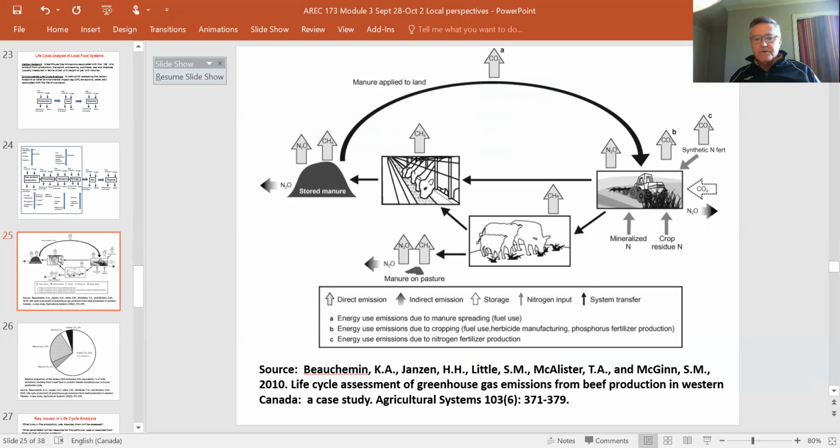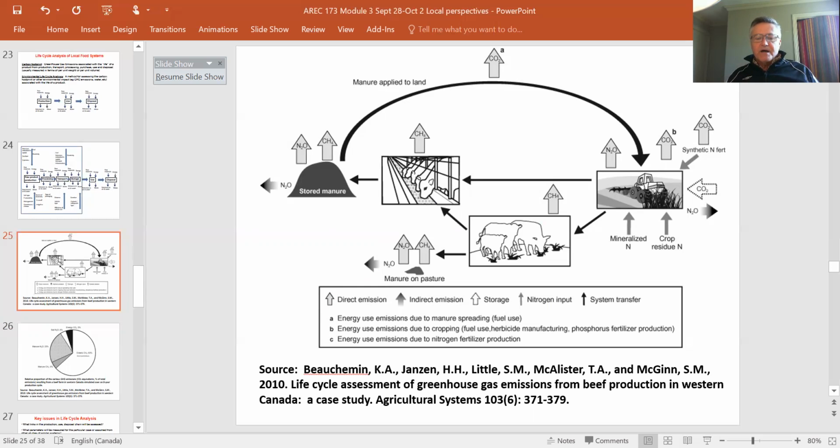Along the way, as a young calf, it's producing both methane and nitrous oxide. Especially when it gets to the feedlots, it's not consuming just grass, it's consuming grain that comes from the farm, and the farm has its own CO2 footprint.